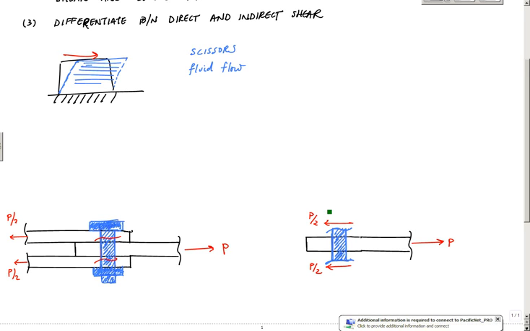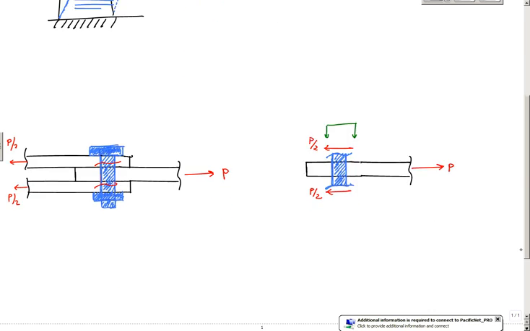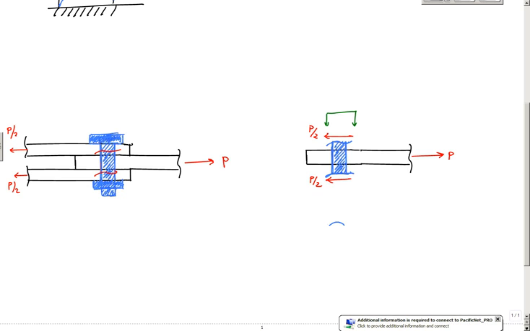And if I look down at this bolt right here, if I can draw the bolt, let's say, again, I'm looking down at this bolt, what I would see is that I have this P over 2 acting on the top of it, which induces essentially a shearing stress that's rubbing, if you will, on top of the area of this bolt here.